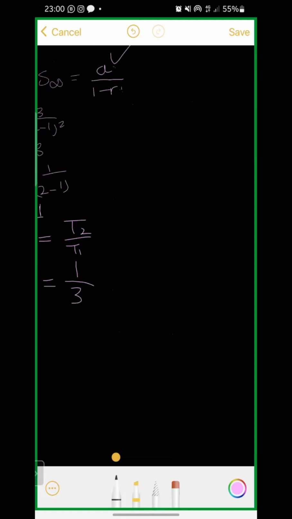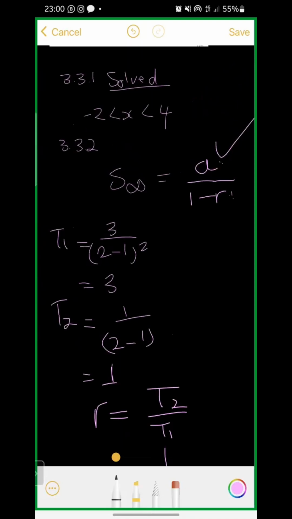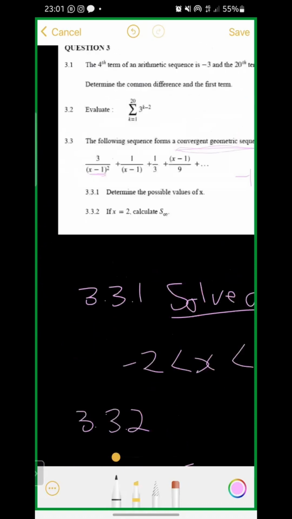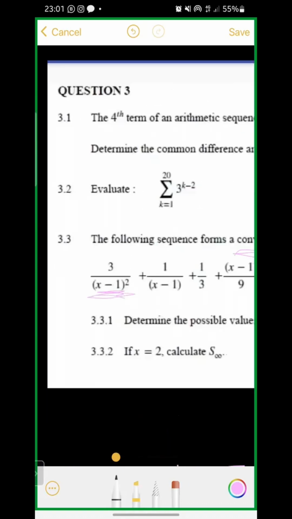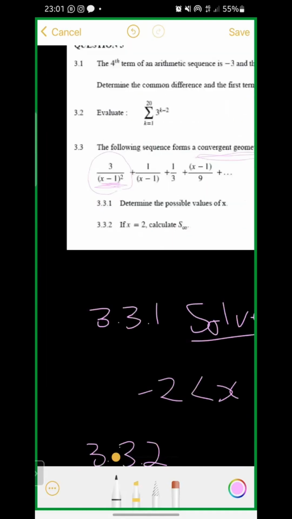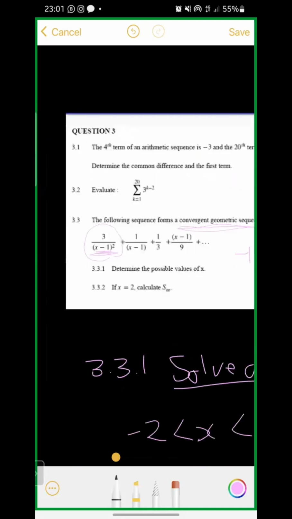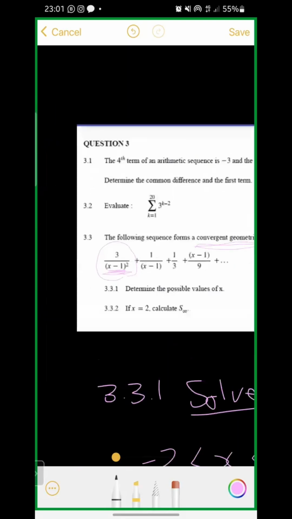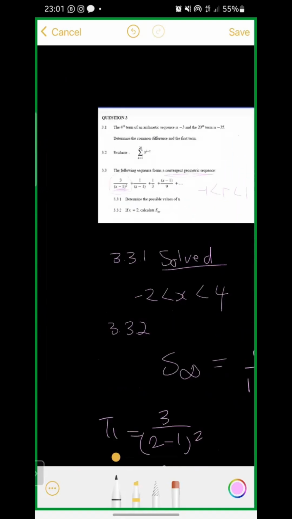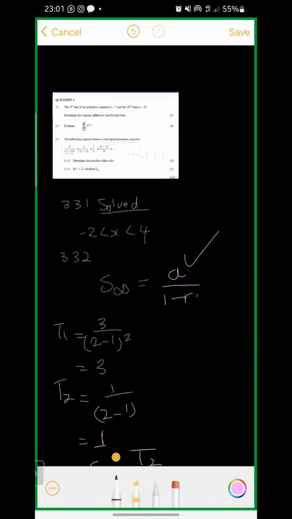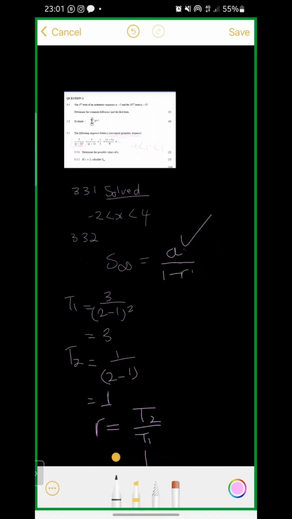For term 1, why did we square? Because they give us this here, so it's 3. Okay. In the previous question we found our r as (x minus 1) over 3. We could have just substituted 2 for x, and then we have 2 minus 1 over 3, which is 1 over 3.